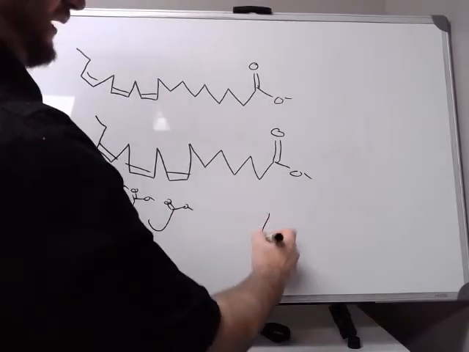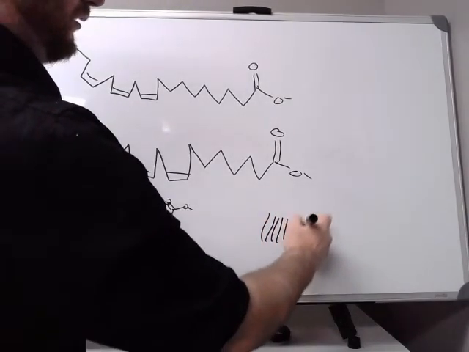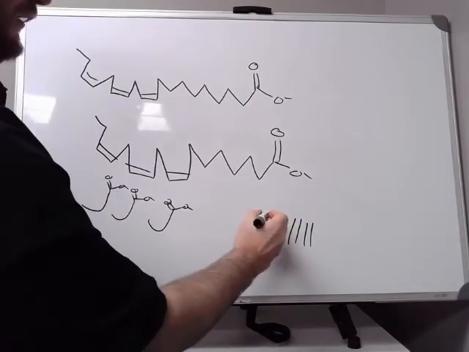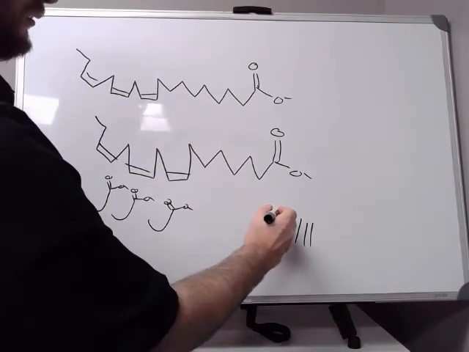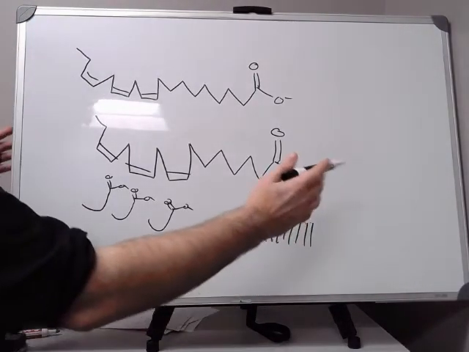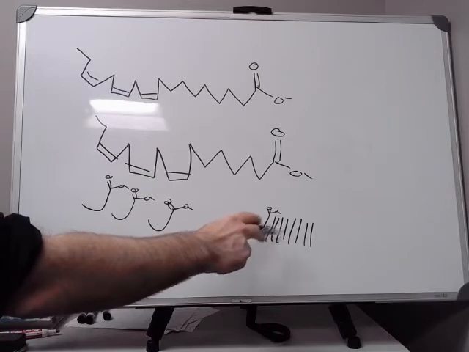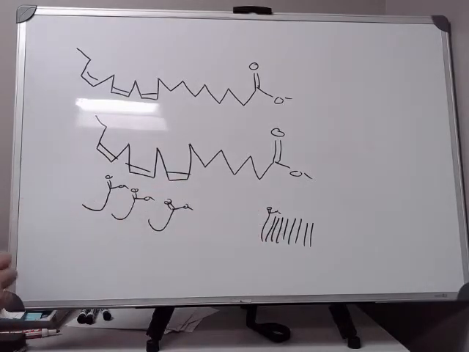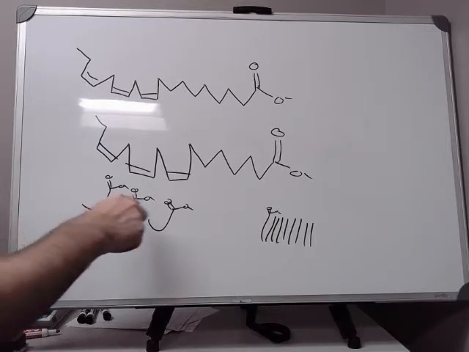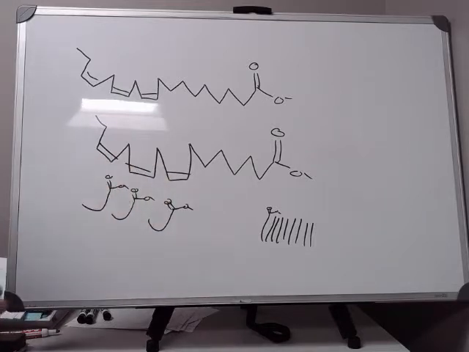The saturated fatty acids can clump together very efficiently. I won't draw the head groups on all of these, there are too many. But the London forces are much more able to hold together the saturated fatty acids than they are the unsaturated fatty acids. And so they have much lower melting points.